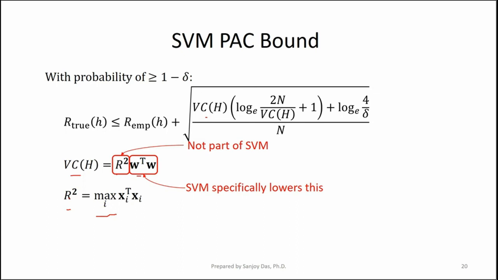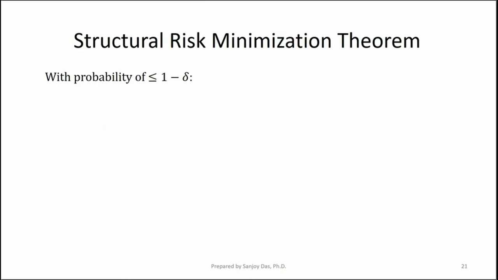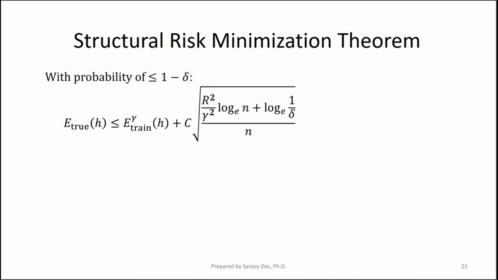If we look at the margin of separation, we have another similar expression, and that's this. E true of H, that's the true error, is less than or equal to E train gamma of H plus some constant C times this expression here, and the denominator here, this gamma, is the margin of separation.